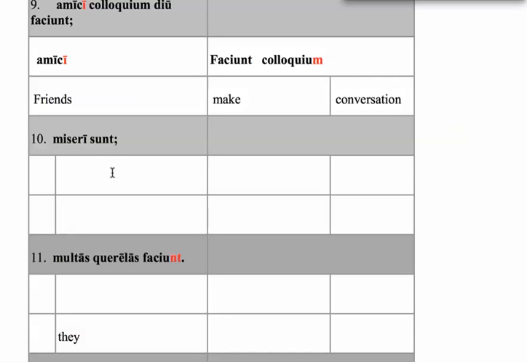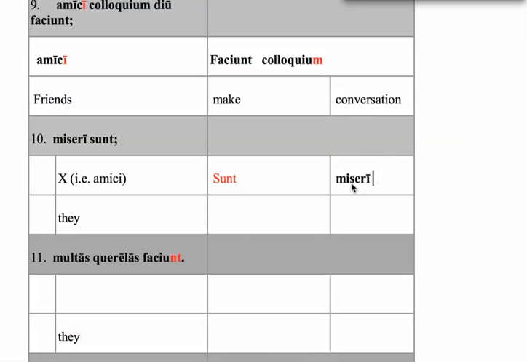In this case, there is no subject, so just say they, the amici, that is, same as before, amici, that is the subject we find here. Sunt, are. So because of what I told you before, when the verb is sunt, you want a nominative adjective to go here.